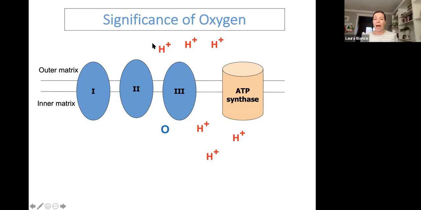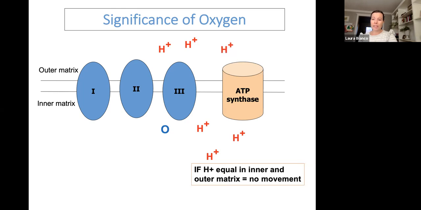So if you have way more out here than you have in here within the matrix, then the hydrogen ions from out here are definitely going to move in until equilibrium is reached, and then the movement will stop. So at this point right here in the picture, you can see that we have reached equilibrium. You have an equal number out here and in the matrix.